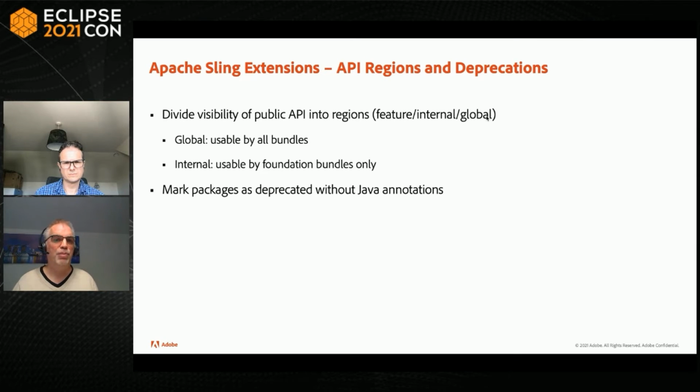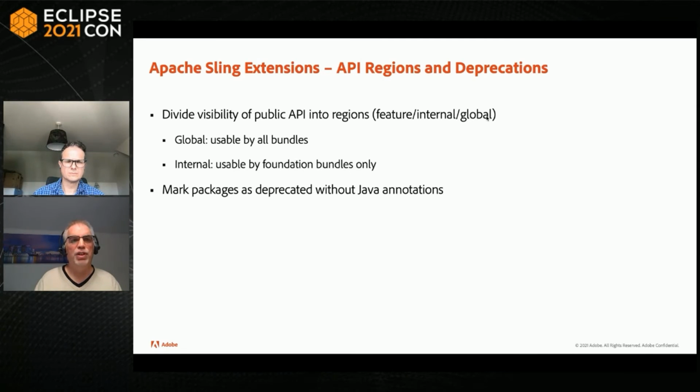Now, what we, for example, found out was that a concept like API regions makes sense, similar to what OSGi subsystems provides you, but slightly different.